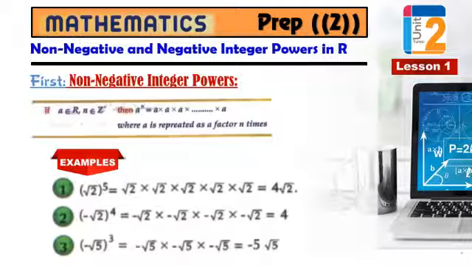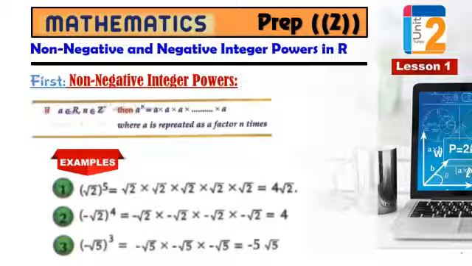For example, square root of 2 to the power 5 equals square root of 2 times itself 5 times. In example 2, negative square root of 2 to the power 4 equals negative square root of 2 times itself only 4 times because the power is 4.